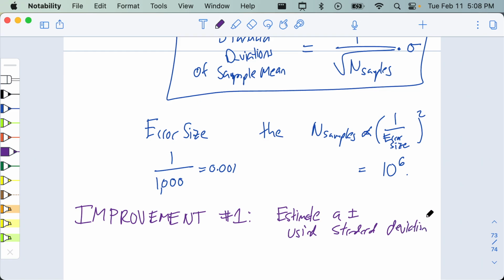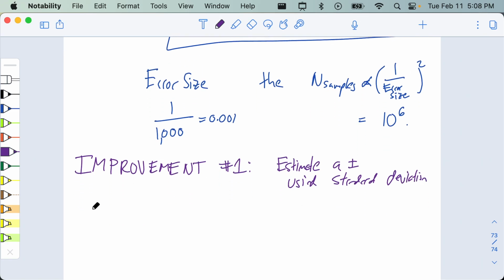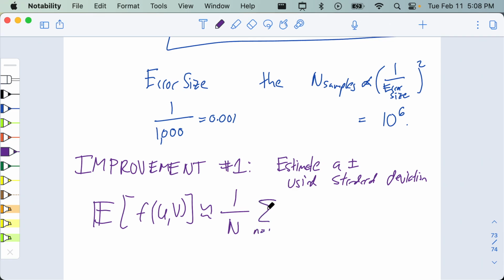So instead of saying the expected value of f is approximately the sample mean, 1 over n times the sum of f of u_i, v_i, you should tack on a plus minus, say plus minus 2 standard deviations, and you can calculate the standard deviation from the samples that you have.